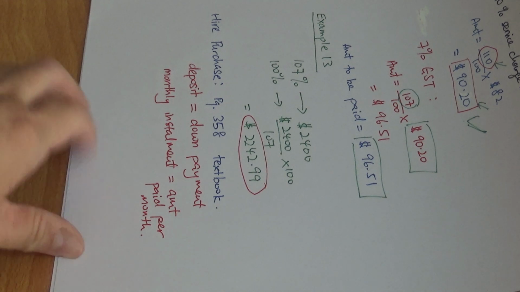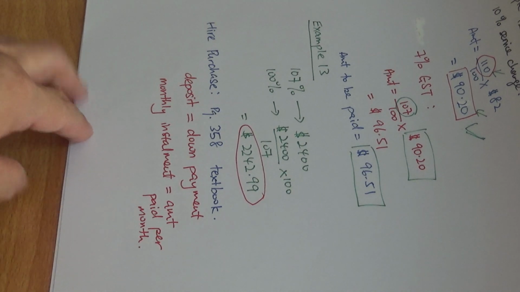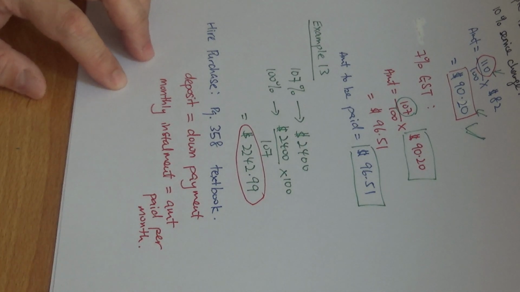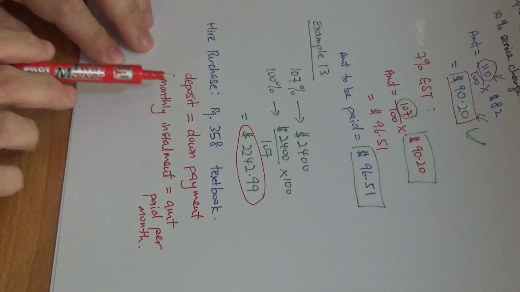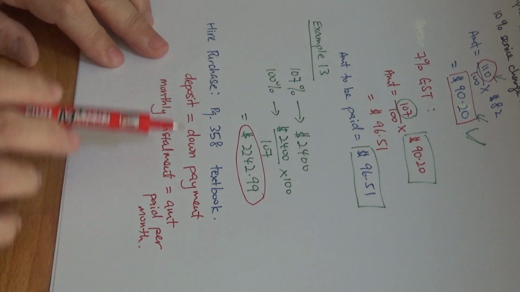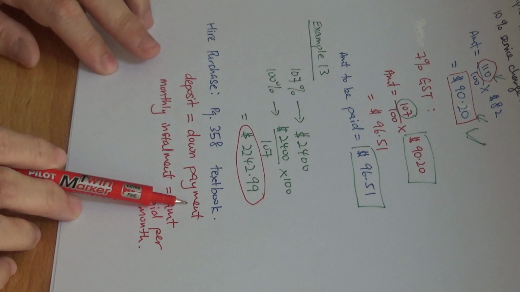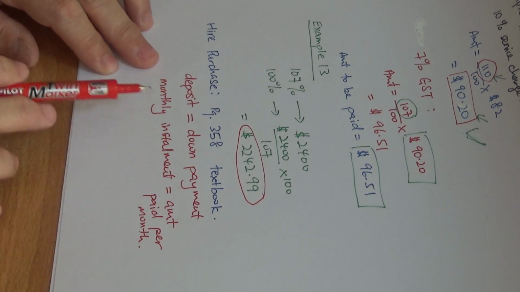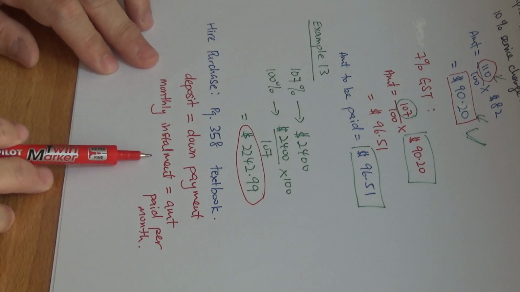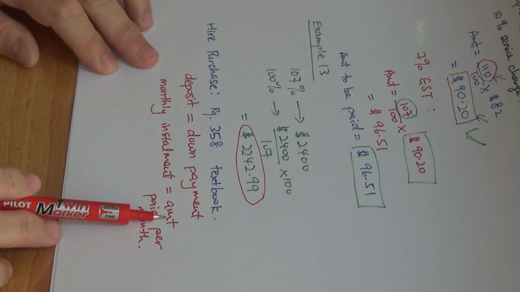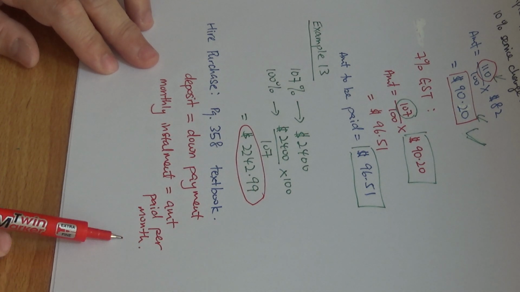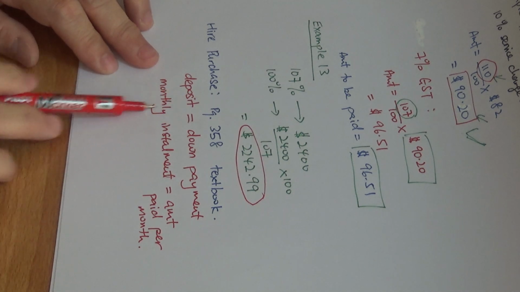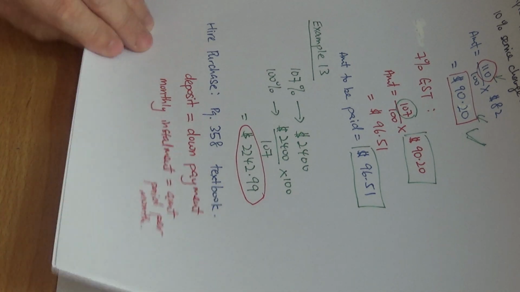You pay the amount month by month. So there are two terms that you need to know in hire purchase. Deposit is also known as the down payment. And there's something called monthly installment, which is the amount paid per month. So these two terms you got to be very familiar with.